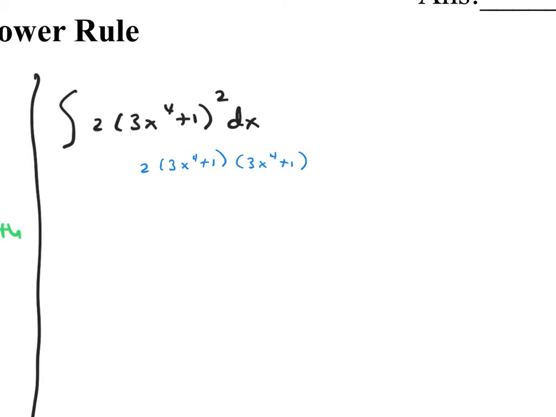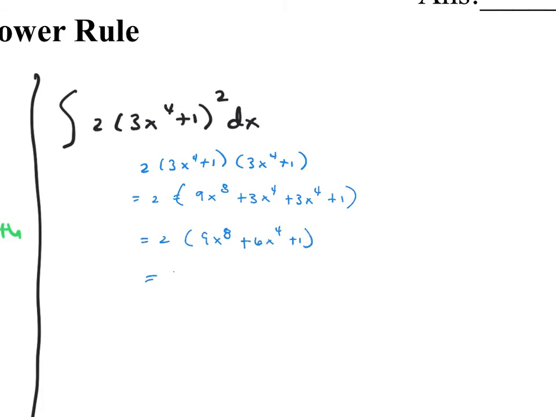So if I did this, I would have 3x to the 4th times 3x to the 4th would be 9x to the 8th. Then I'd have a plus 3x to the 4th, plus 3x to the 4th, and then I'd have a plus 1. Or really what I'd have is 2 times 9x to the 8th plus 6x to the 4th plus 1.